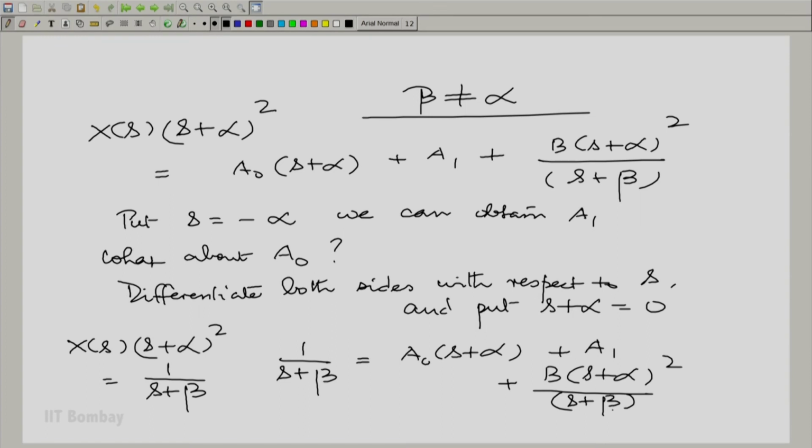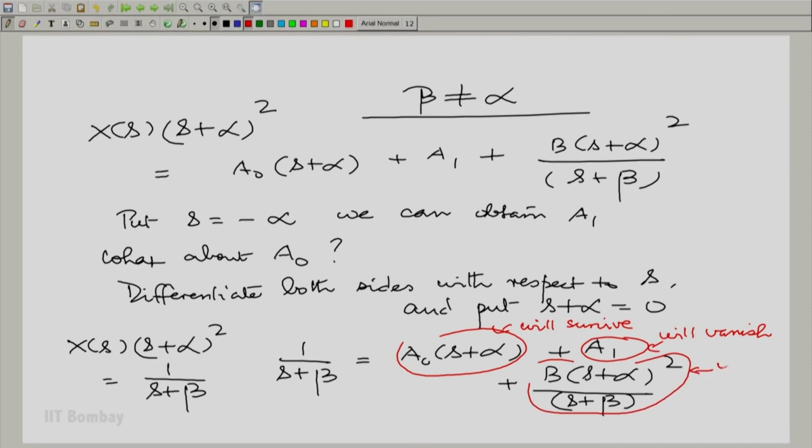And when we differentiate both sides with respect to s, this will survive, this will vanish, and this will vanish on putting s equal to minus alpha.